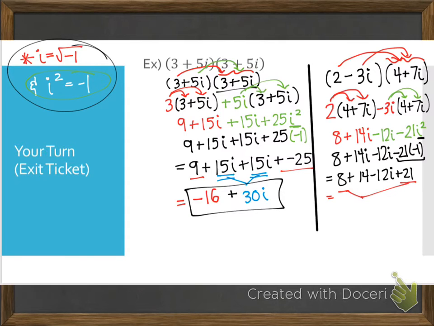When I put those together, 8 plus 21 is 29. And then plus, this has an i, 14i minus 12i gives me a positive 2i. Okay, so that would be our final result, 29 plus 2i.